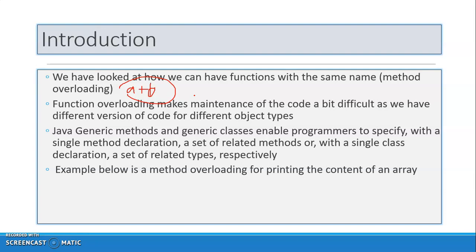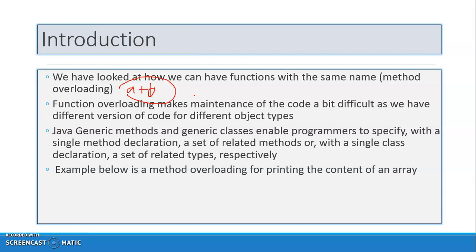So that was good, but now consider if we also have the same functionality, adding, for example, strings. We'll use the same plus, and maybe the same function name add, and this method would need a parameter of string and a parameter of string. So we end up having three versions, three methods doing similar things on different data types.